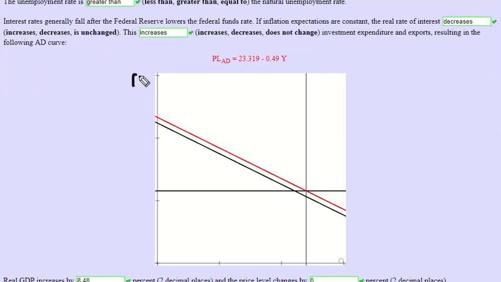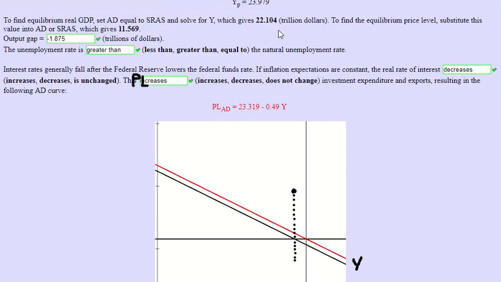Okay, so price level, when you screenshot this chart or graph, and then you type answers to stuff from this homework problem, you'll then print it and, of course, use your pencil to label the scenario 1, well, the before the monetary policy equilibrium and the equilibrium after the monetary policy. Okay, and the GDP level was 22.104.